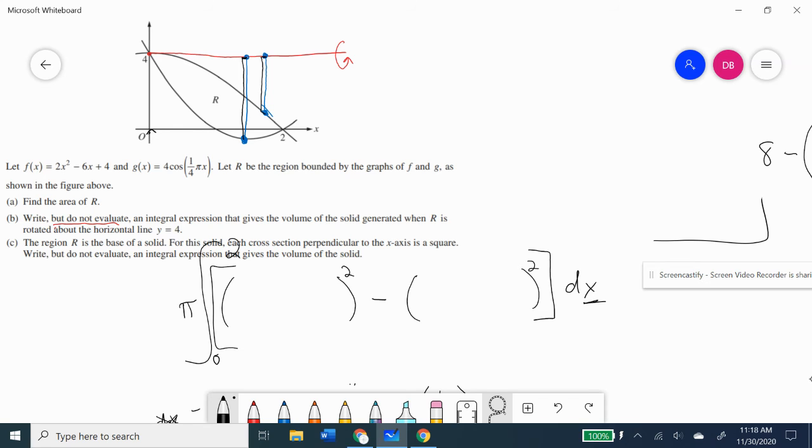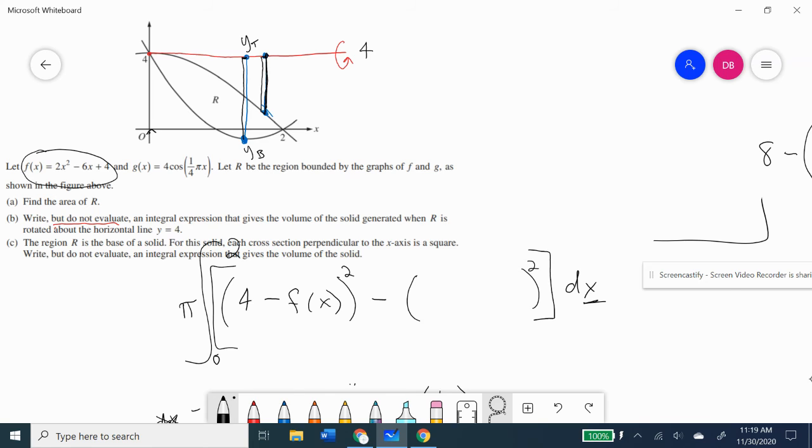My axis of rotation is at y equals 4. To find a vertical length, I need to subtract the y top minus the y bottom. For the outer radius, the y top is 4. The y bottom is the parabola f of x. For the inner radius, that is going to subtract out the hole in the middle, shall we say.